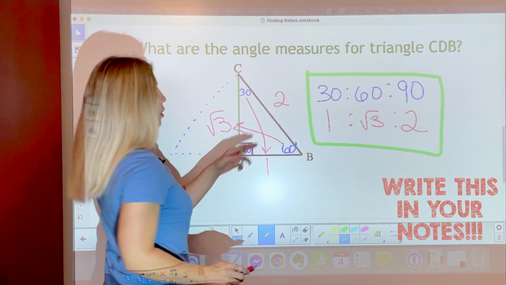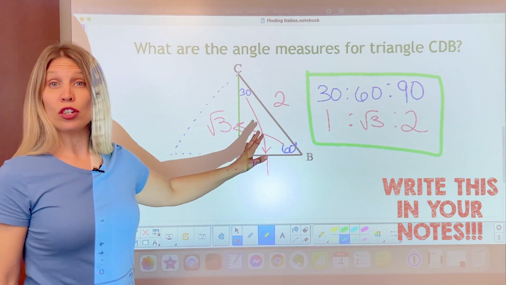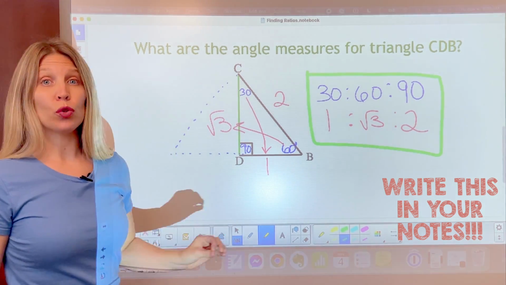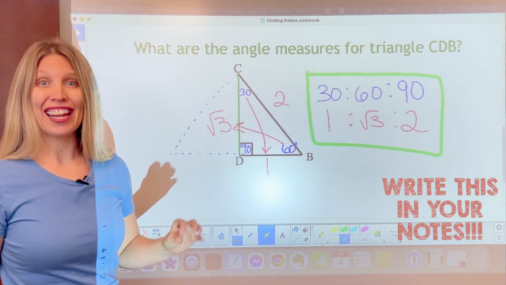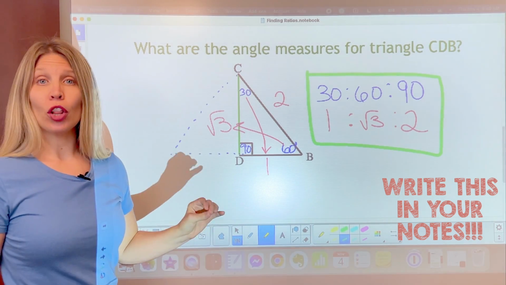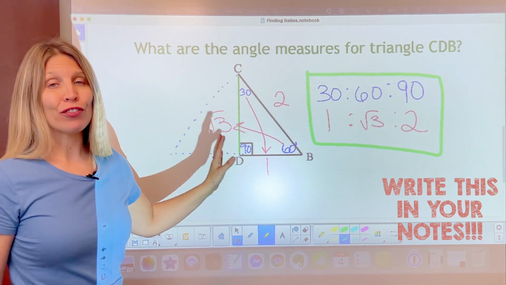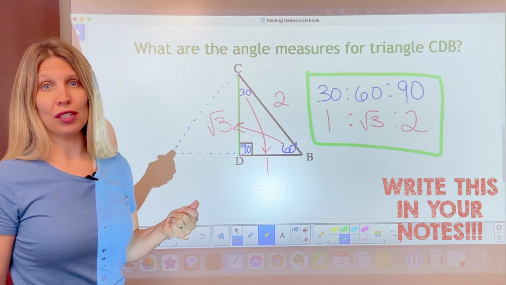Again, this is another set of ratios and degrees that you must have memorized. You will use these over and over and over again. So make sure you highlight it, color it, put it on a sticky note, a fancy sheet of paper, whatever it is, for you to remember these ratios with these degrees.